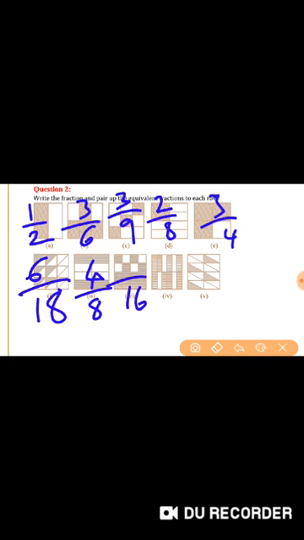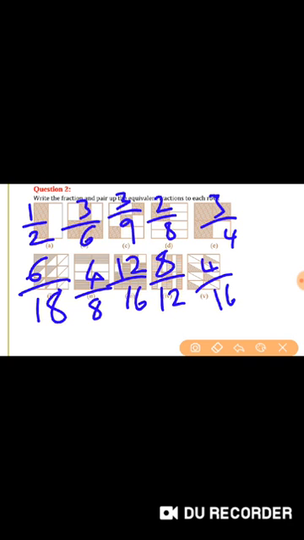Of 16, 12 they colored. And here 1, 2, 3, 4, 5, 6, 12 is paired, and in this 8 colored. Here also 1, 2, 3, 4, 5, 6, 7, 8, 16 parts, 1, 2, 3, 4 parts colored.